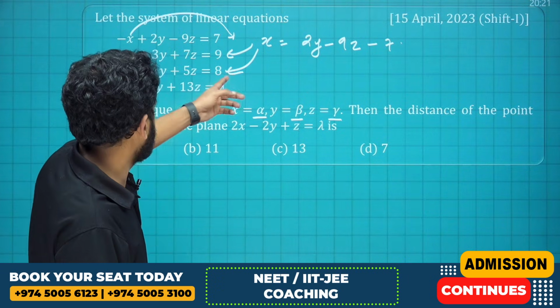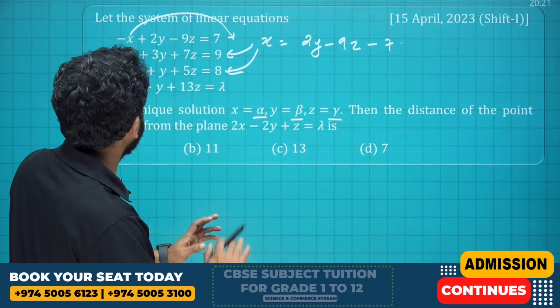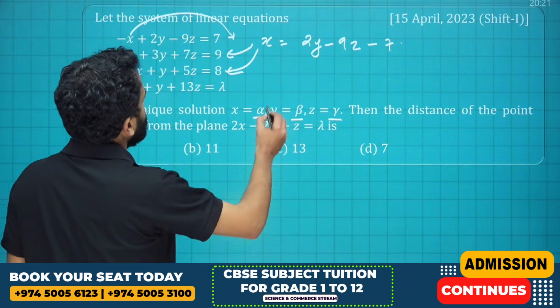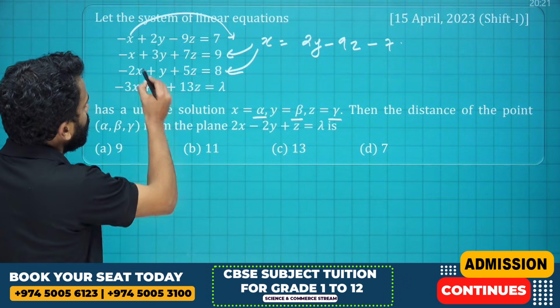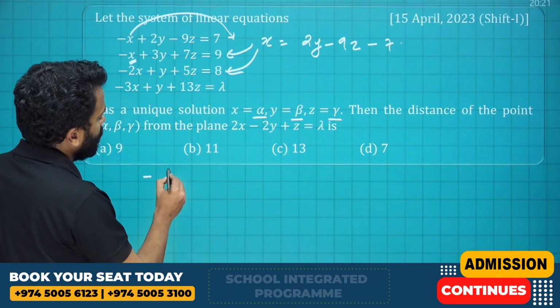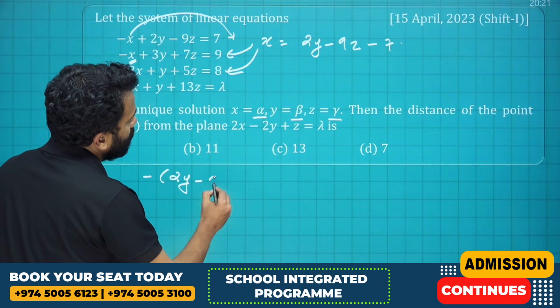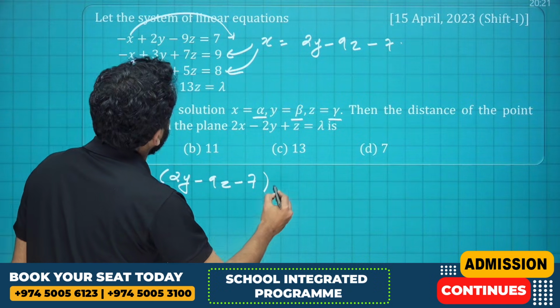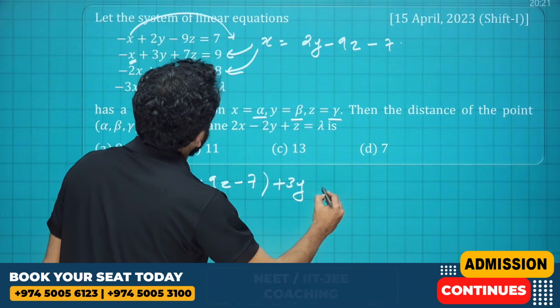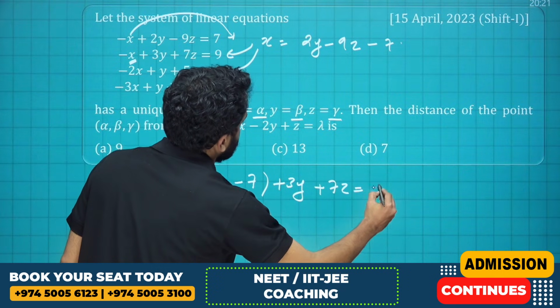So after substituting this here and here, you will get, here we have -x, right? That is -(2y - 9z - 7) + 3y + 7z = 9.